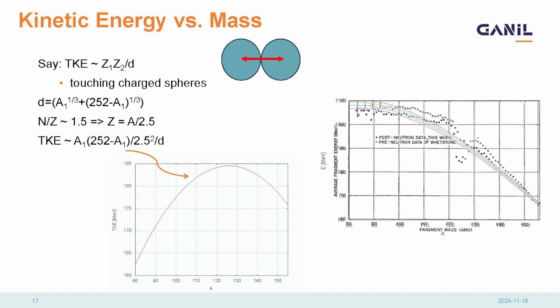So let's use the fact that those nuclei are charged. Let's assume now they are touching charged spheres, and we can see what the repulsions are from this. And now we can move on a bit and get a better formulation based on this. And you see that now we can already recover a good part of the shape.